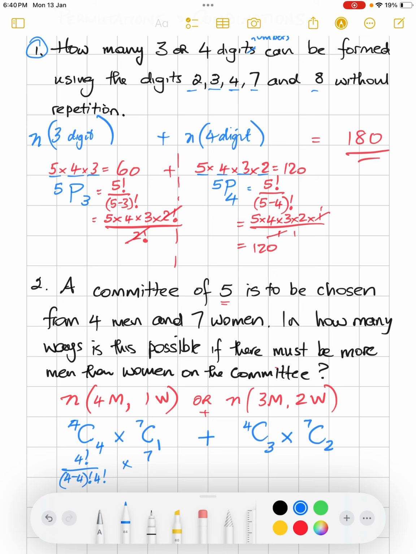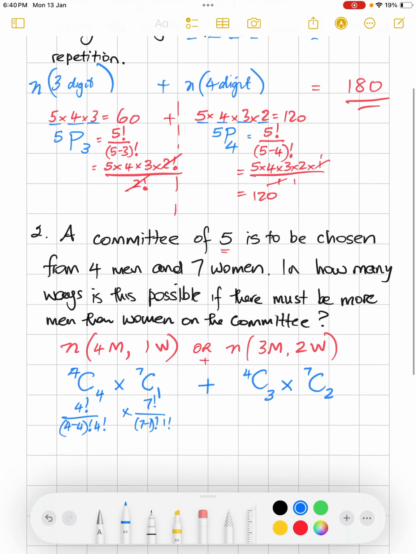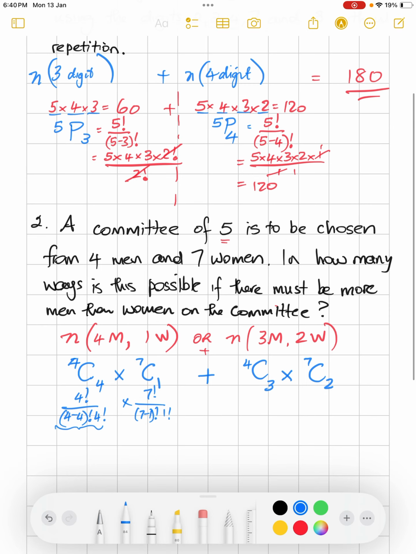7C1 is 7, or you know it's 7 factorial over 7 minus 1 factorial and 1 factorial. Well, we shouldn't need to do this. We should know that without doing the math. And you should know, by the way, 0 factorial is 1. Be careful. Make sure you know that 0 factorial means no factors. There are no extra factors.